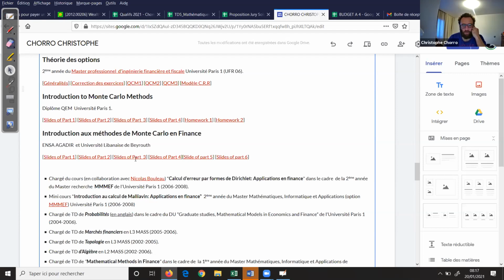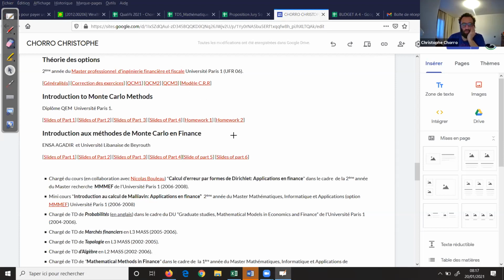I don't remember if they are in French or in English, but you have this one in French maybe and this one in English, and they are mostly the same. If you want more precision on Monte Carlo methods, you have these documents available, but they are not mandatory in order to follow this course.